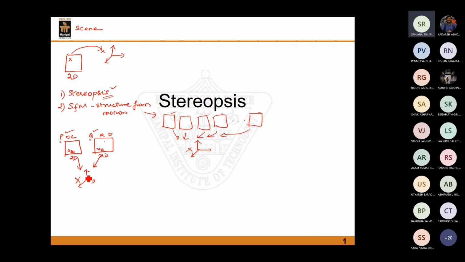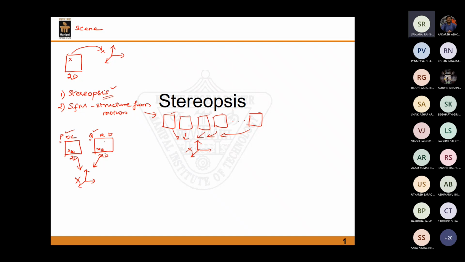And with just that stereo vision, by taking these two images from these two points, our eyes can easily find out the relative distance, or the depth of an object, etc., right? So the distance information, or the depth information, can be calculated with this stereopsis concept.